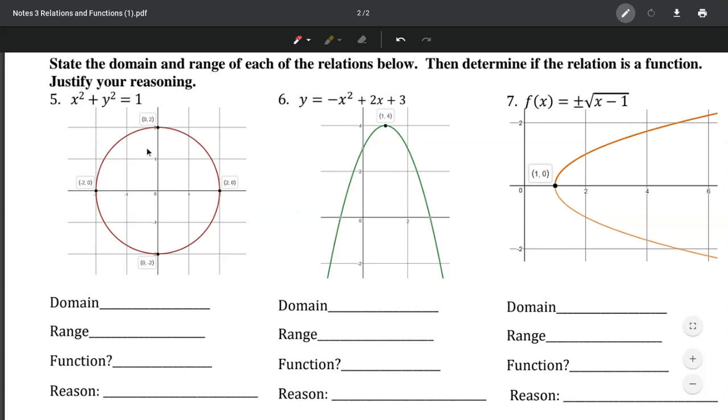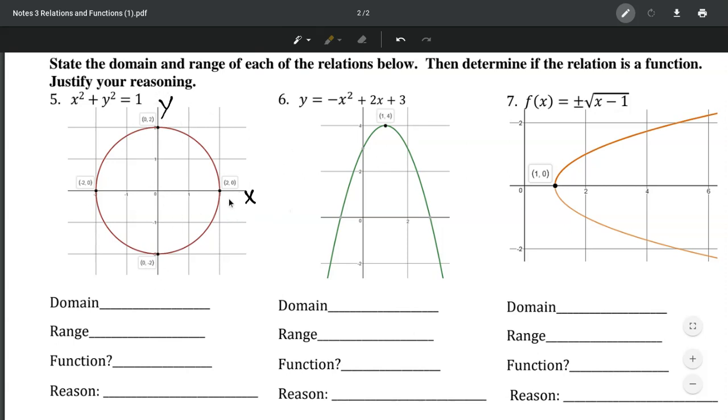Okay, so let's start off with the graph of the circle here. A circle is a closed object. It does not continue going on in any direction. So we can talk about our domain and our range here, where domain is your x values, and your x-axis, remember, goes from left to right. So here is our x-axis, the horizontal axis, and similarly, our y-axis is the vertical axis.